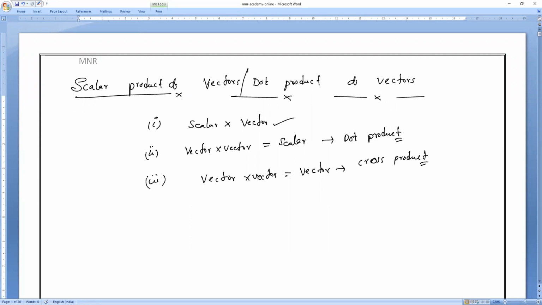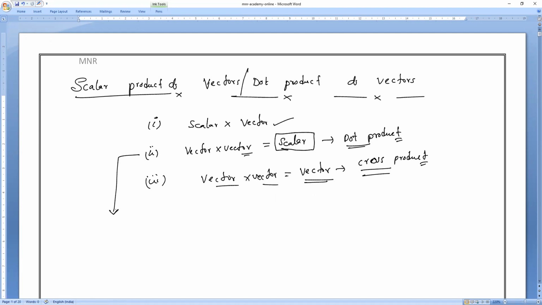Vector into vector gives you a scalar, which we call the dot product. And vector into vector can again give you a vector, which we call the cross product. So let us discuss now.